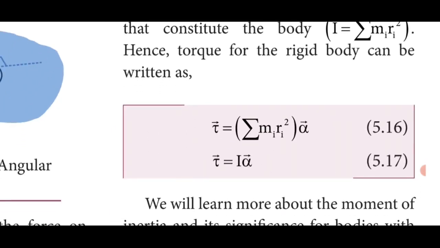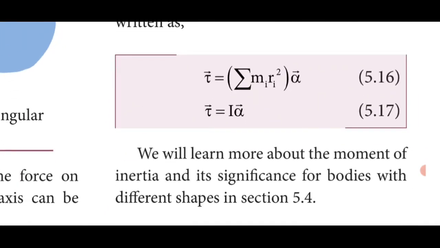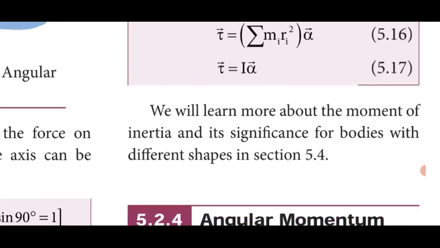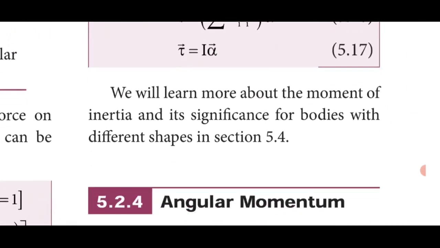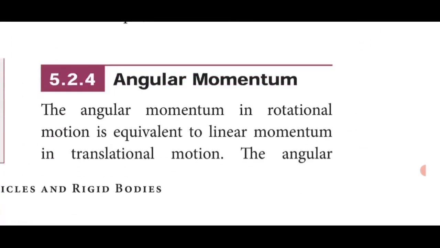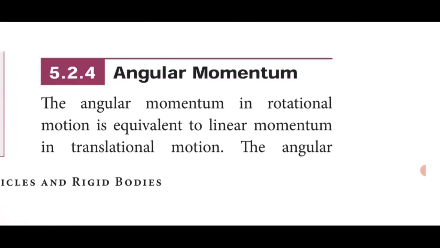Torque for the rigid body can be written as tau is equal to summation of m_i r_i square alpha, that is equal to I alpha. We have learned about the moment of inertia and its significance for bodies with different shapes. And next we will go on to angular momentum.